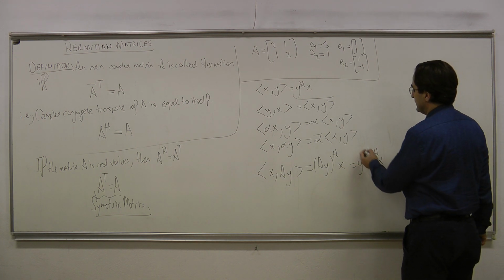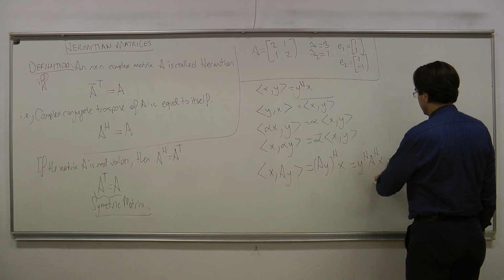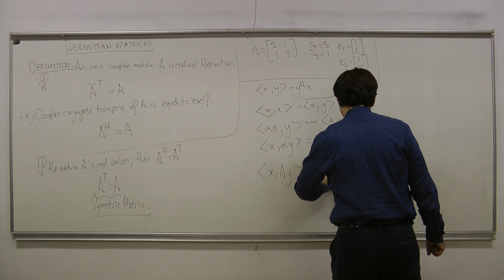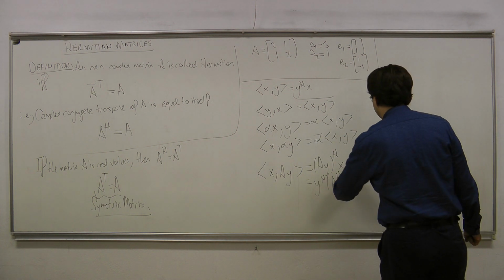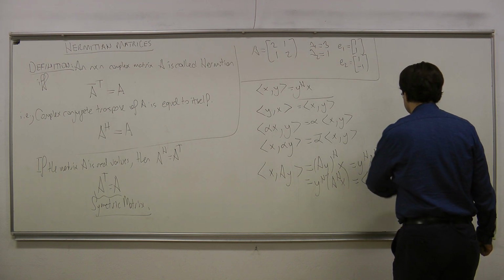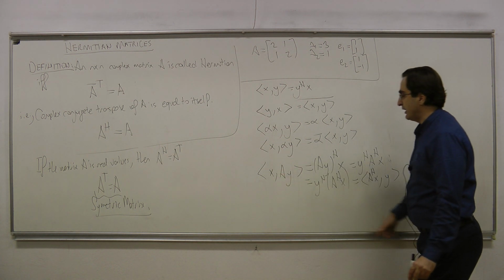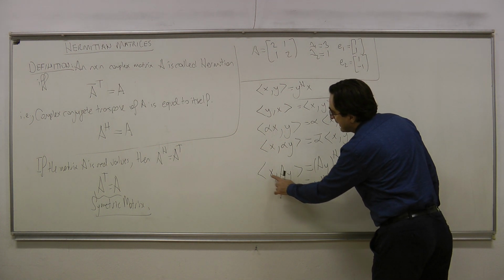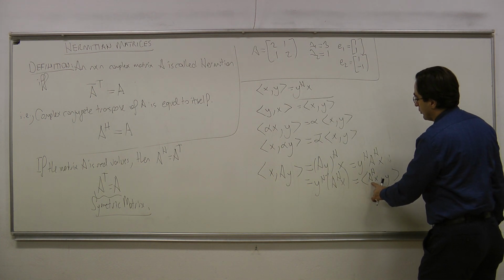And you see that here, I can write this inner product in an equivalent way as follows. Y Hermitian times A Hermitian X. But this is the inner product of Y with A Hermitian X. So you see that when you have a matrix multiplication in one of the arguments of the inner product, you can take that A multiplication to the other argument by taking its Hermitian.